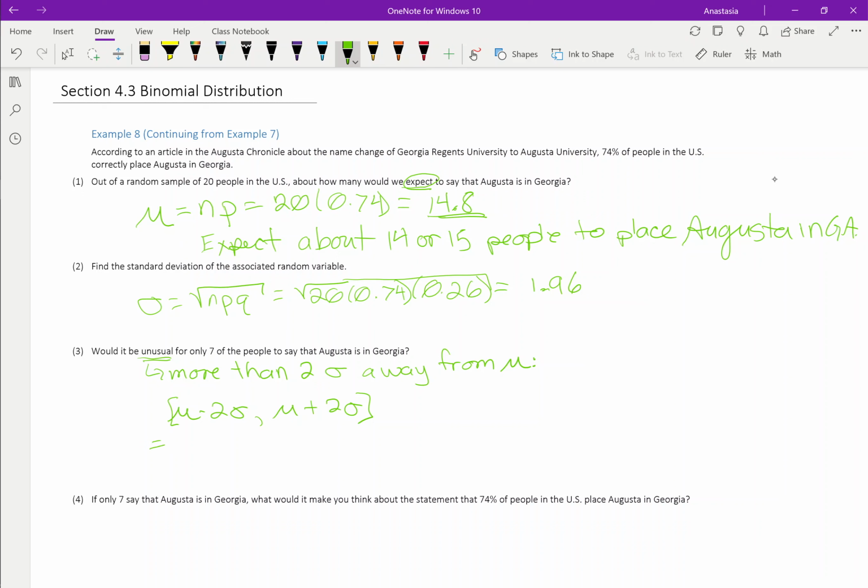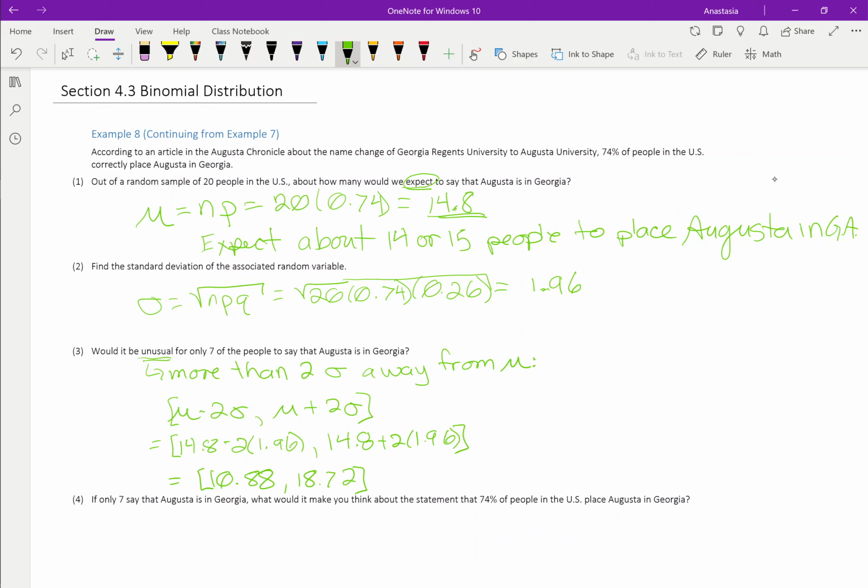In this case, that would be 14.8 minus 2 times 1.96 and 14.8 plus 2 times 1.96, which gives us the interval 10.88 to 18.72.